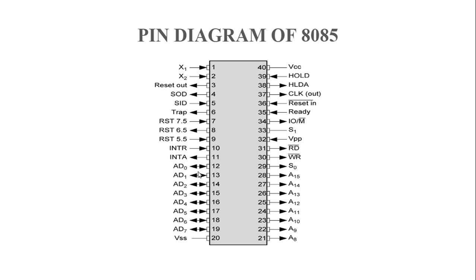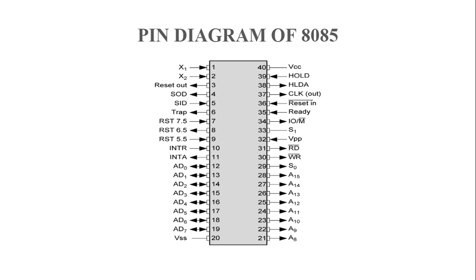After these pins, we are going towards the next pin, which is called the clock out pin. What is the use of the clock out pin? Since again the arrow indicates towards the outside, this clock out pin is an output pin. In many applications some digital ICs require clock signals to drive them.